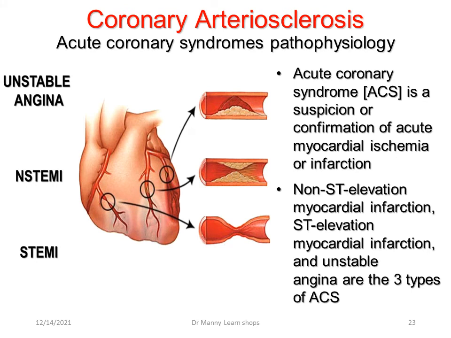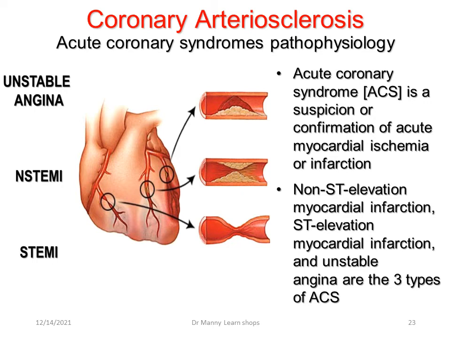Now, coronary arteriosclerosis is essentially what will cause the acute coronary syndromes. The pathophysiology results in unstable angina, non-ST segment elevation myocardial infarction, or ST segment elevation myocardial infarction. An acute coronary syndrome is really a suspicion or confirmation of acute myocardial ischemia or myocardial death, necrosis, infarction.